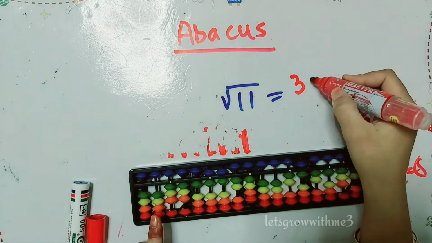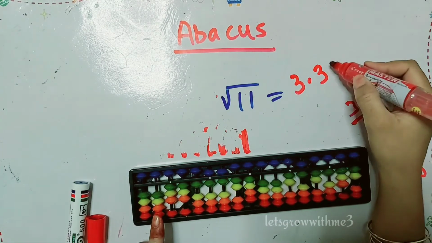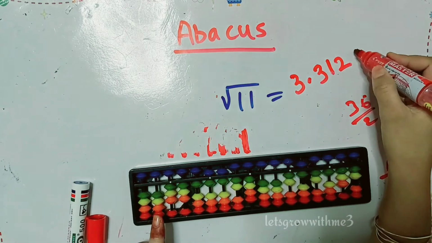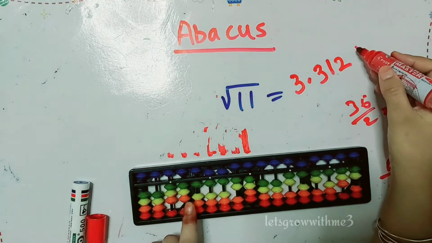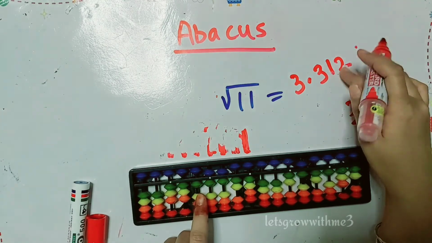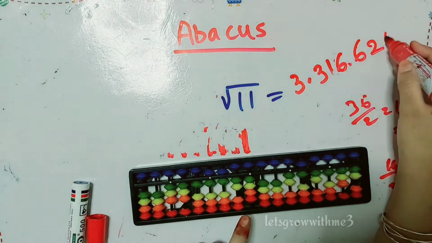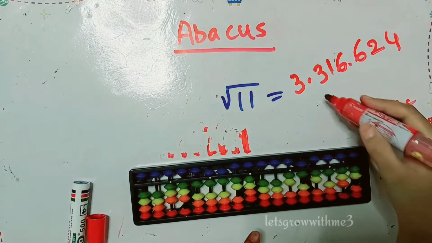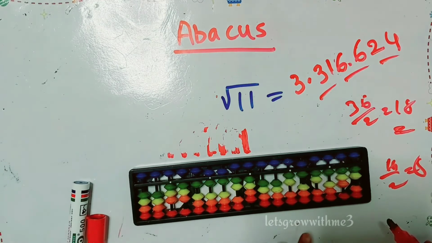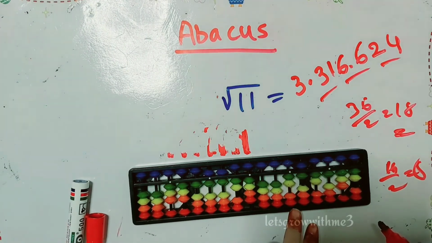So till now we got like 6 precision value, 3.312 16624. So we will try to do 2 more precision, then I think we can stop.